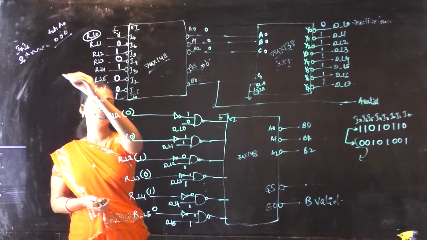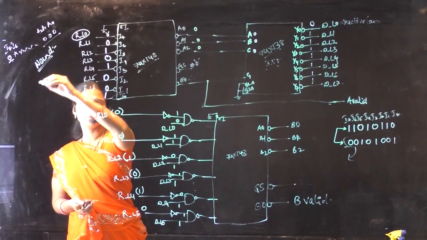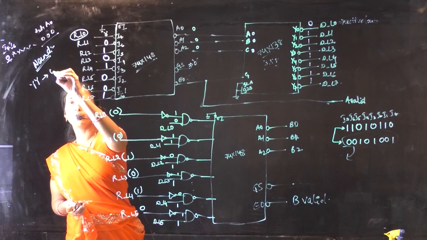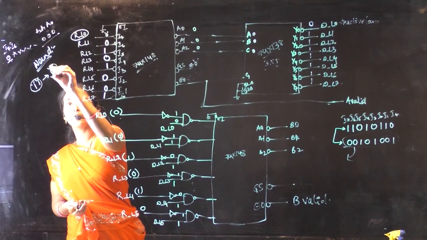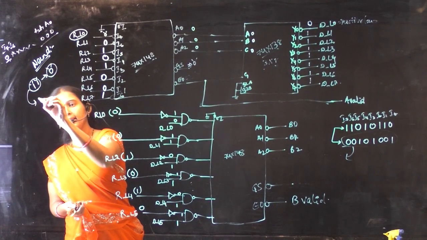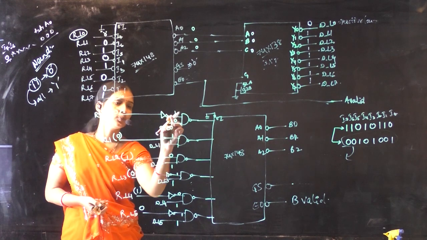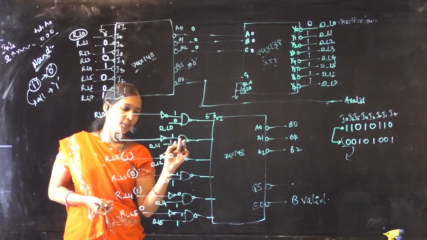What is a NAND gate? If both inputs are 1 1, output will be 0, and in all remaining cases output is 1.